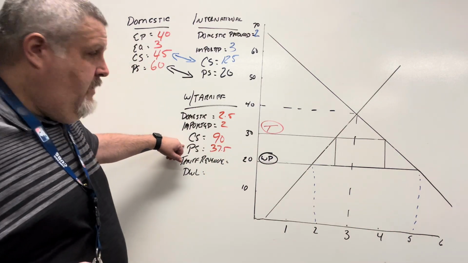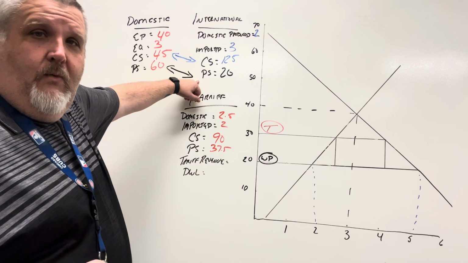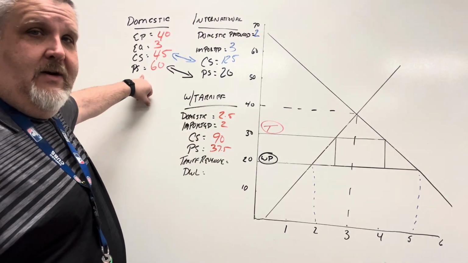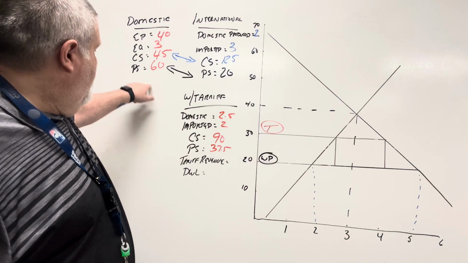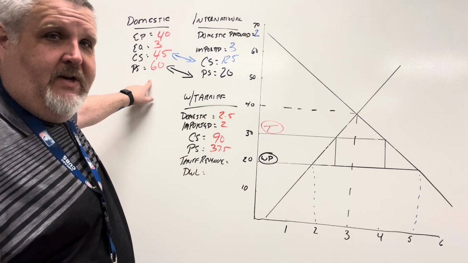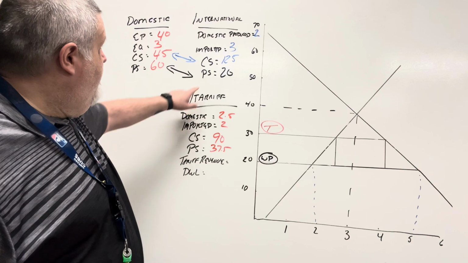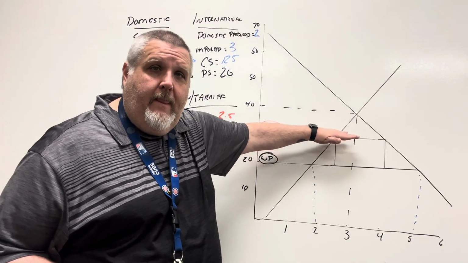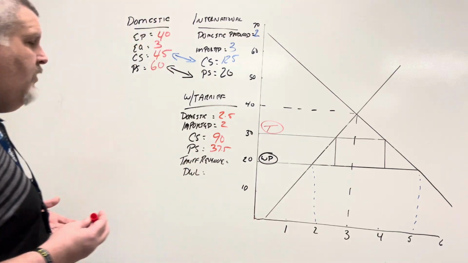So let's compare that. They were at 20 when we were doing international trade. Now we're at 37.5. We originally were at 60. So they're losing out here. They would still rather it just be domestically produced, but they're happier than they were when it was just international, because now we're going to put some people back to work, right? Okay, so that's everything that we want to look at there.